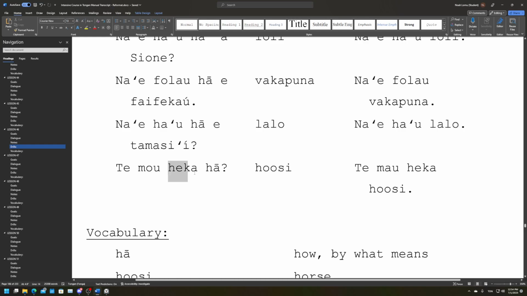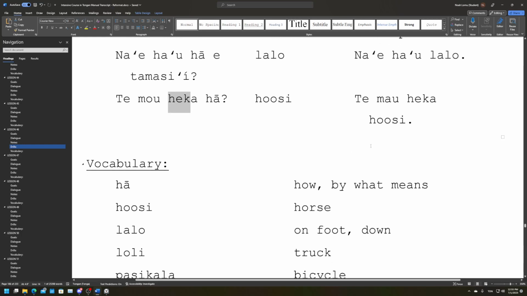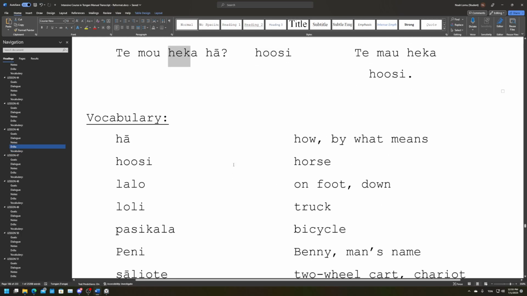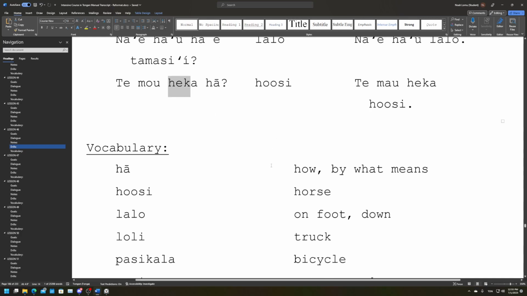It doesn't really make sense in English to say it any other way, but it works in Tongan. So heka works for horses, obviously, cars, boats, planes. The problem is English, not Tongan.